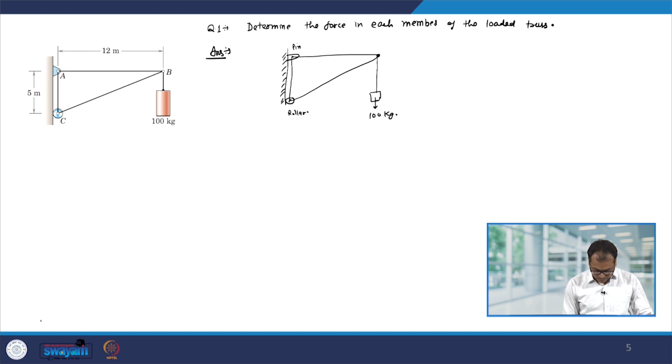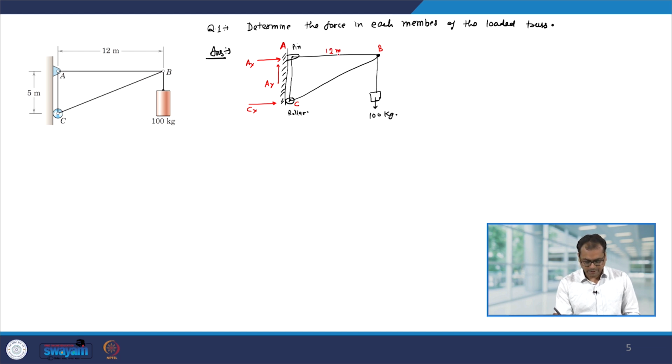Now, let me draw the various forces. Because it is a pin joint, there will be two reaction forces. Let us say because this point is A, the horizontal force is Ax and the vertical force is Ay. At C, since it is a roller support, it cannot support a reaction in the y direction, so it will have only a horizontal force. This point is C, so let us call this force Cx. This makes the free body diagram.